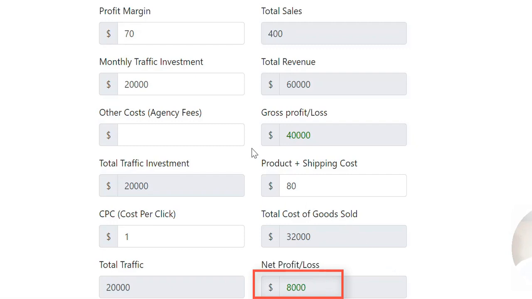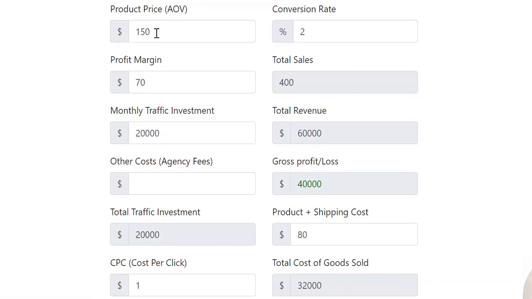You might also argue that how is it possible to just jump from $50 to $150 in average order value? That is not possible. It is highly possible, but it might be difficult for any person who doesn't know what they are doing. For us, because we know what we are doing, because this is what we do for our clients all the time, we can help them to boost their average order value.